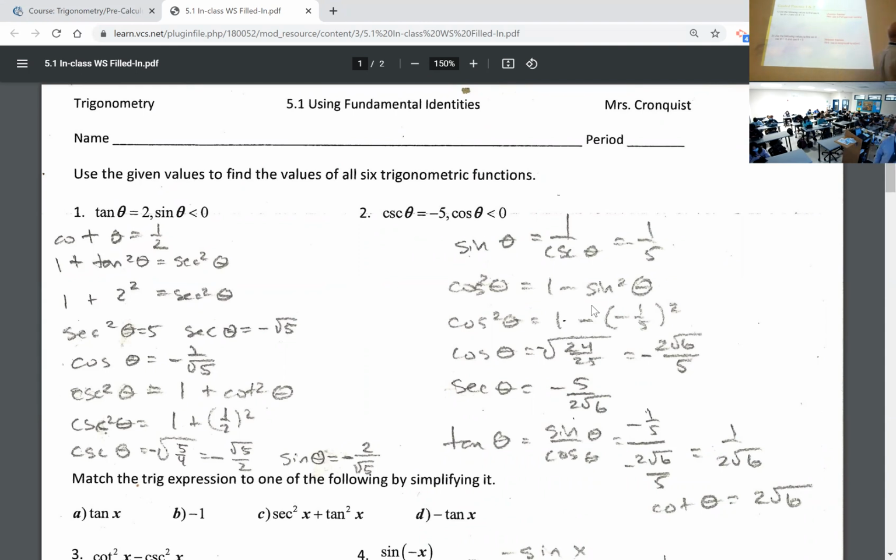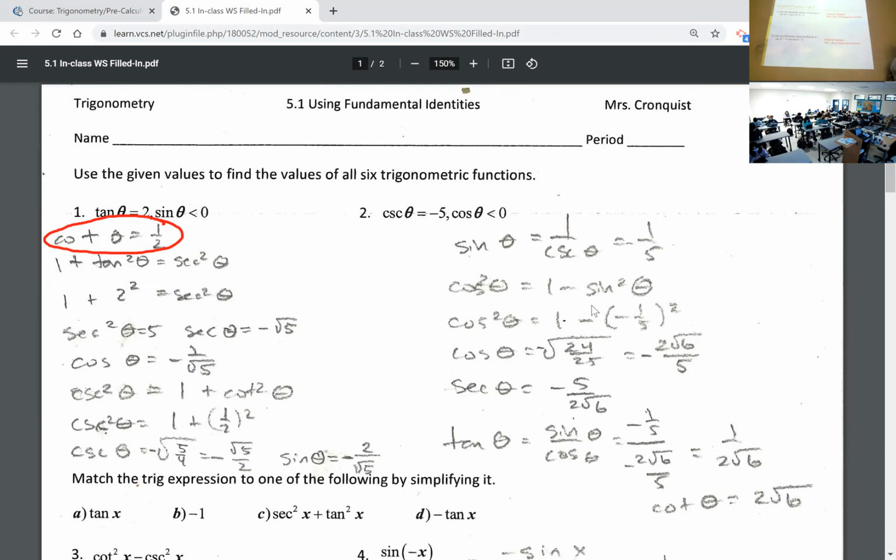So the first one's easy. Just take the reciprocal of tangent to give us cotangent. So cotangent is equal to 1/2. That's easy. Now I'm going to use a Pythagorean identity here to find secant.